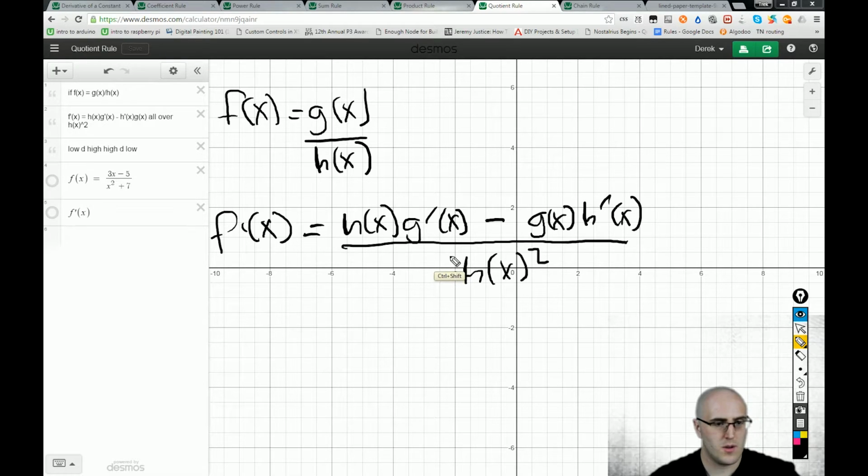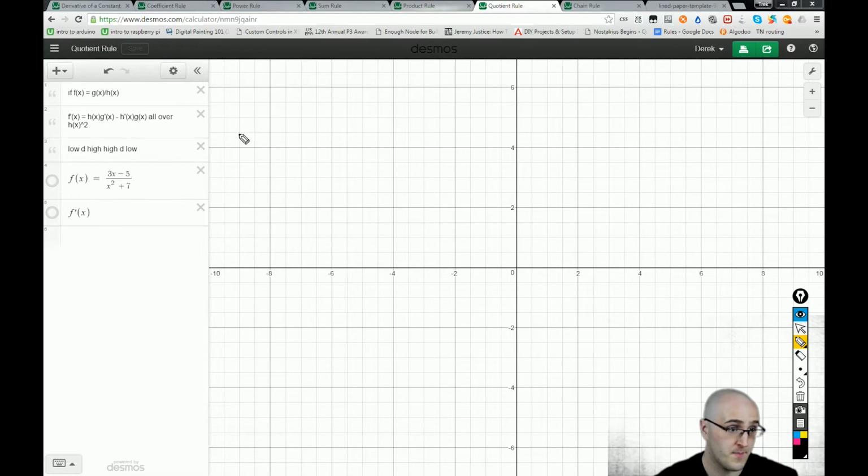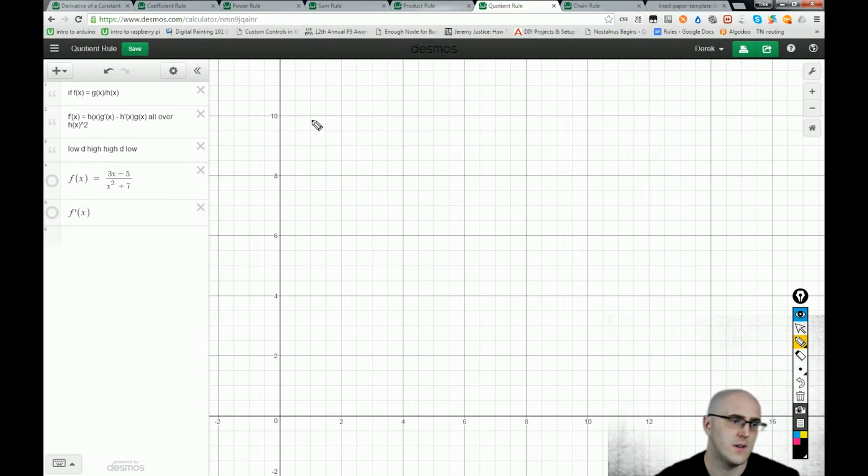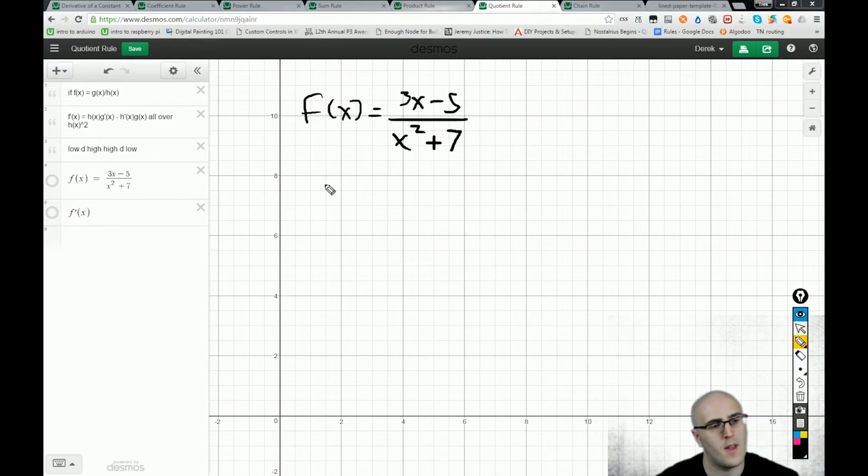All right, so let's go through our example. I'm gonna move this so we have more writing room. (3x minus 5), all of that over x squared plus 7. All right, so let's say the top, the numerator, is g of x, and the denominator is h of x.